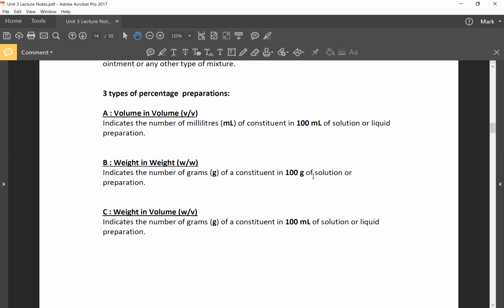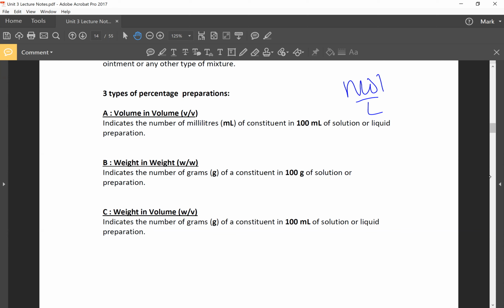So for example, you could dissolve a tablespoon of sugar into a cup of water. The sugar would be the chemical we're interested in, and the cup of water would be the solution. And in chemistry, we typically would use moles per liter.